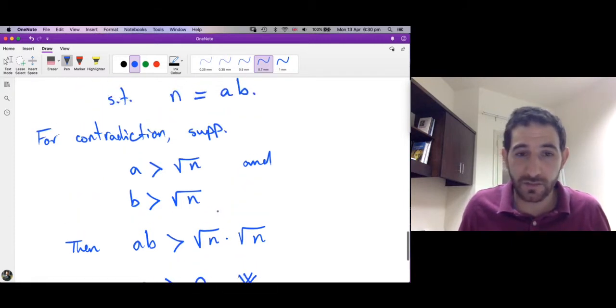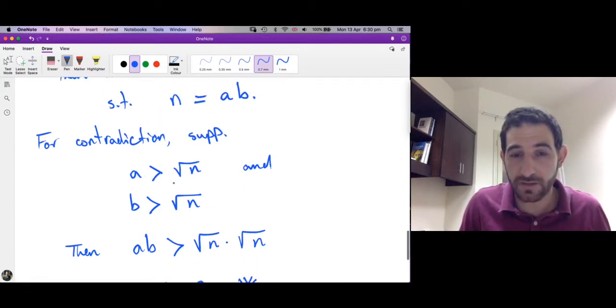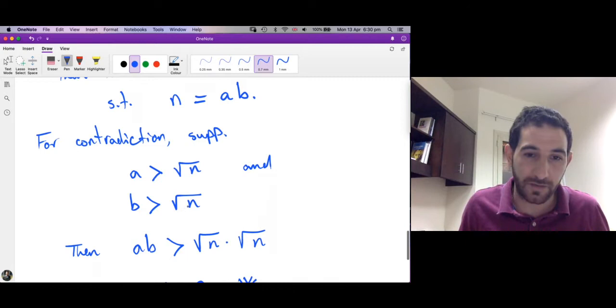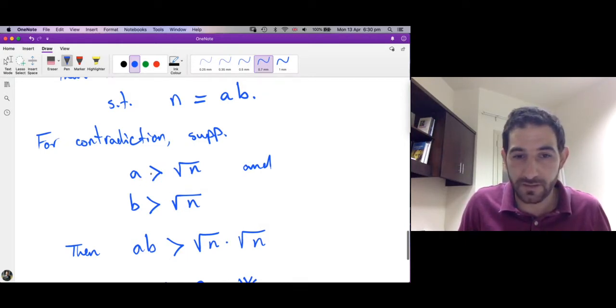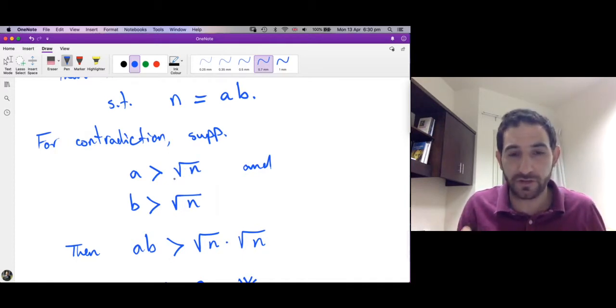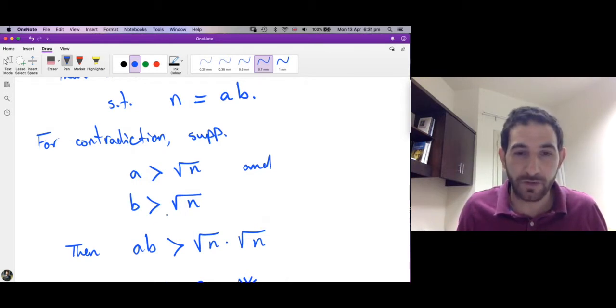Okay, so which means our assumption that both are bigger than the square root of n cannot happen. It means that this is false. So remember, this is p and q, a statement of the form of a conjunction. Not this means, by De Morgan's law, not this or not this, right?